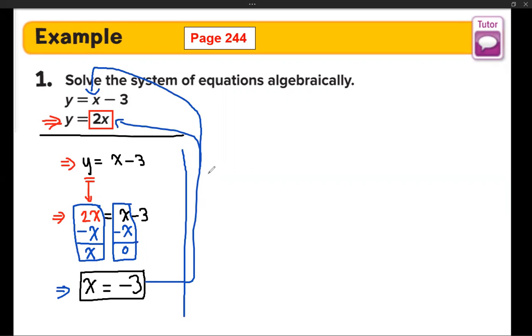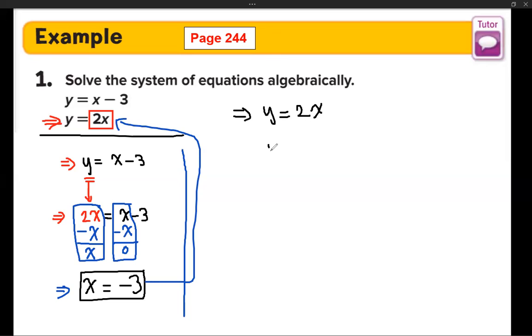Okay, so let's try them both together. The first, I will just take the first one here. Let's substitute x in the second equation, this equation here. Let's rewrite the equation first. y equals 2 times x.